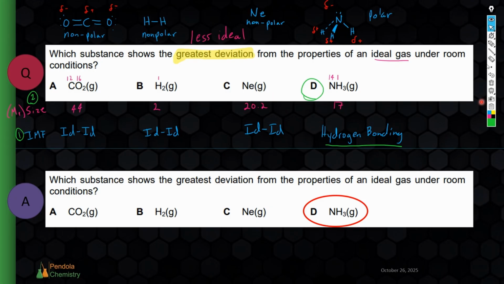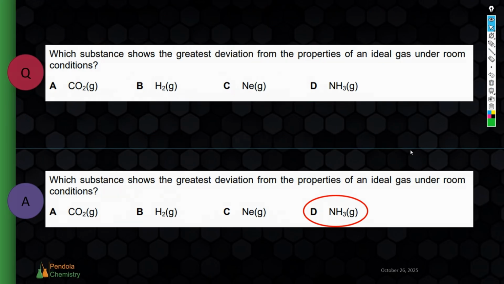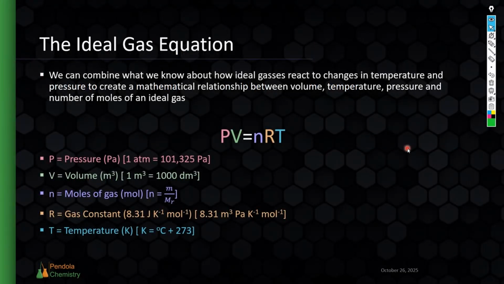Now, this is all theory. We can also apply the ideal gas law into mathematics. There is something we call the ideal gas equation. The ideal gas equation is a combination of the gas laws that we know, and it looks at putting mathematics to compare the four different properties of a gas in general.